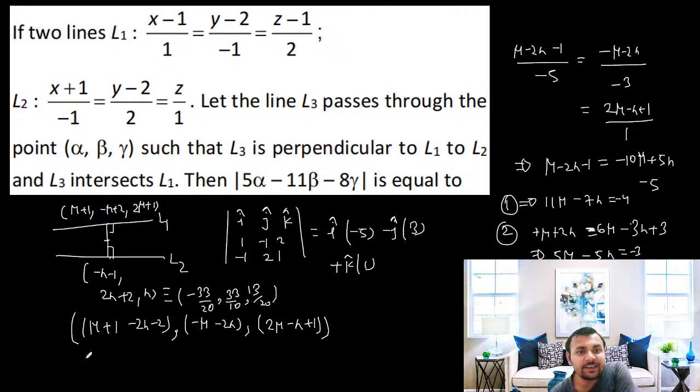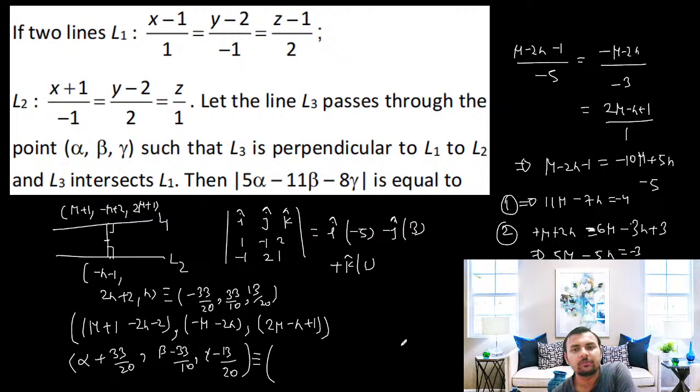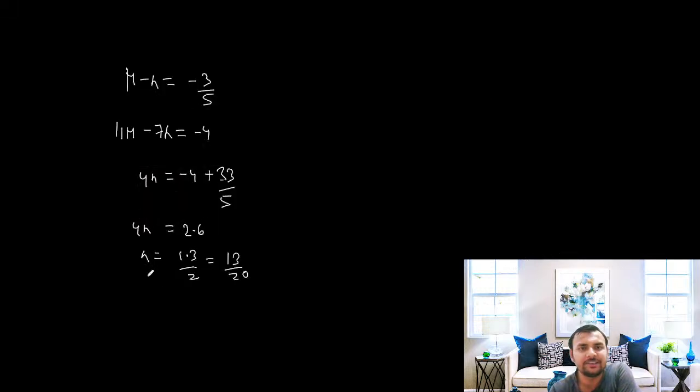So we can say that alpha plus 33 by 20, beta minus 33 by 10, gamma minus 13 by 20, this is equal to, so we'll get this point. We'll find the mu and we'll get this point. So let's find the mu. So lambda is this.